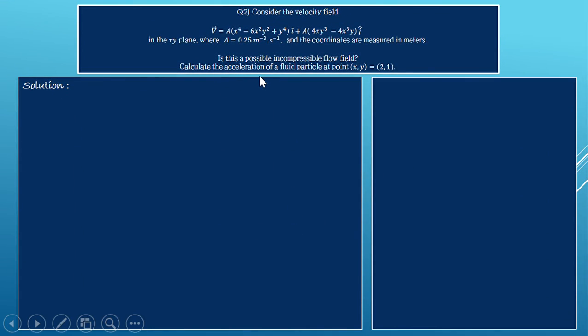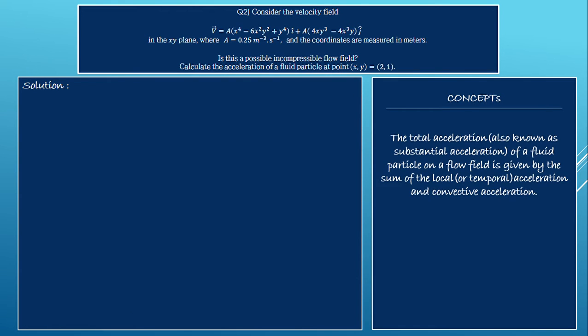Now, coming to the next part of the question, we need to find the acceleration of the fluid particle. Concepts. The total acceleration, also known as the substantial acceleration of a fluid particle in a flow field, is given by the sum of the local or temporal acceleration and the convective acceleration.